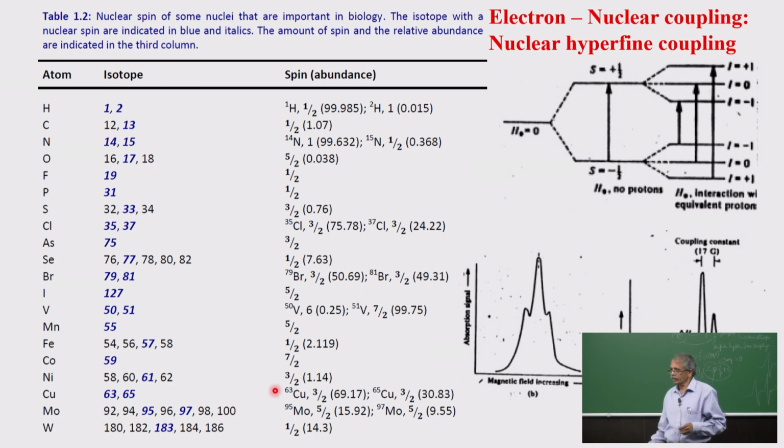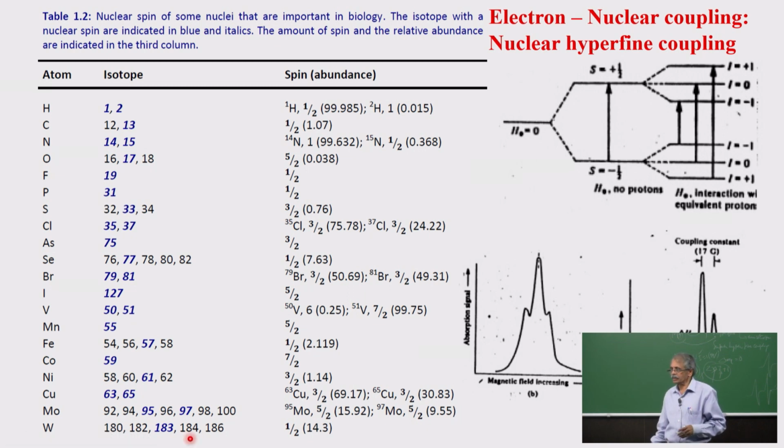Copper is again 3/2, so you can get 100% and expect copper coupling. And molybdenum has 5/2 at 16% and another 5/2 at 9.5%, together around 25%, so it's very understandable. In the molybdenum case you will also see nice hyperfine coupling.